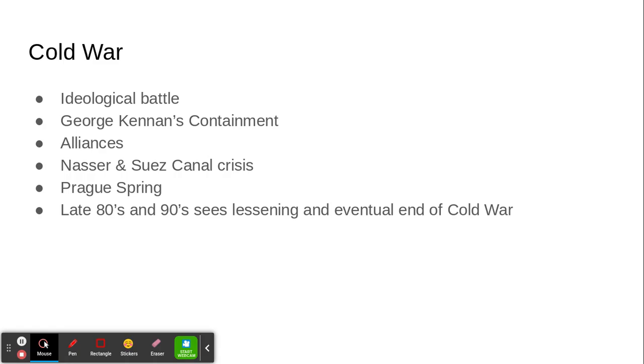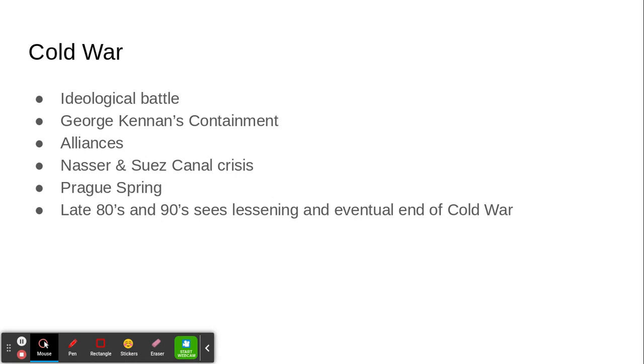There's a lot of alliances that come into being. Of course, NATO is probably the most important, the North Atlantic Treaty Organization. That's America, Canada, and 10 other Western European nations. An attack against one is an attack against all. It's meant to keep communism from spreading.